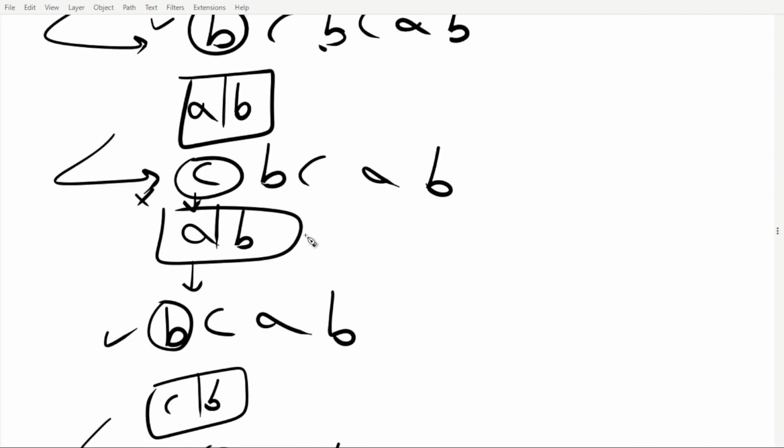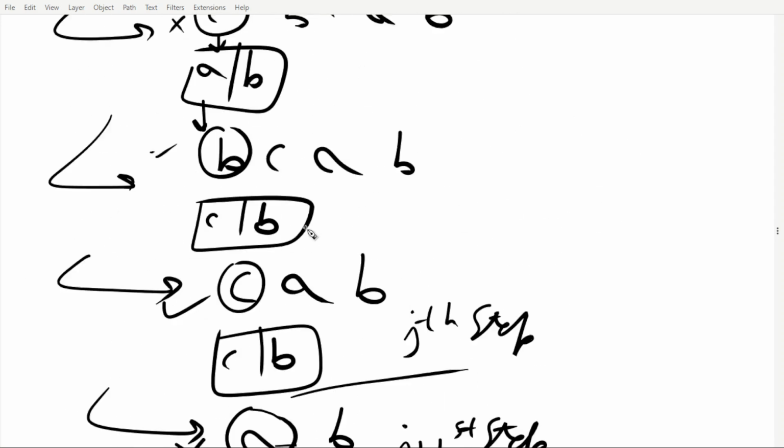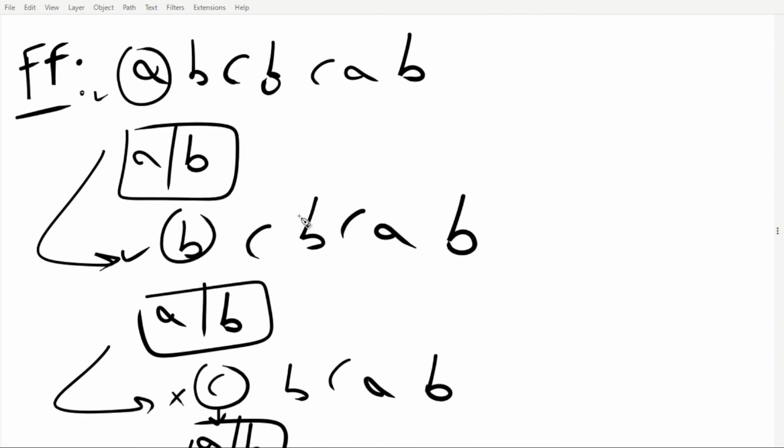So once again we consider this FF algorithm. So I will make the data structures and then we can analyze its time complexity. So here what we do is we make a doubly linked list, an efficient data structure. So for each of A, B and C we make a doubly linked list.